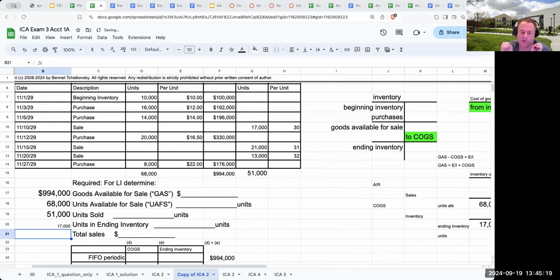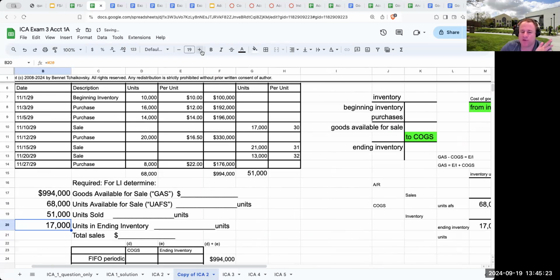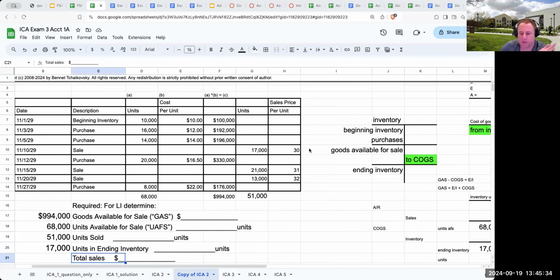And these numbers are extremely important because under each one of the different methods of inventory costing we're going to be looking at, these are always going to be the same. Lastly, we have our total sales. How do I figure that out? We just compute it once and that's it.